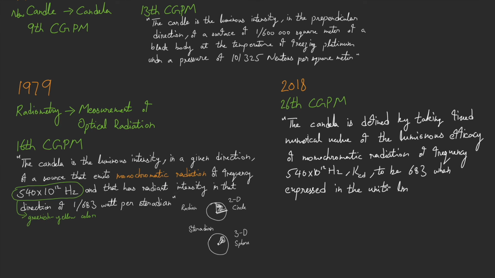Lumen is the amount of visible light emitted by the source per unit of time. Just let me finish this whole definition, write the whole definition down, and then we're going to talk in detail later.